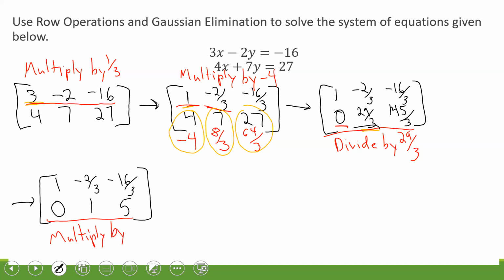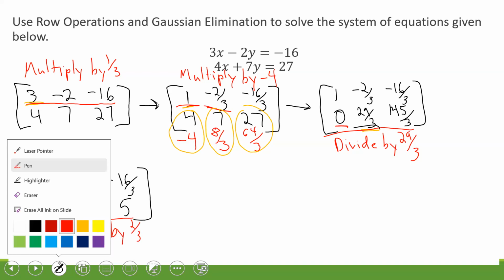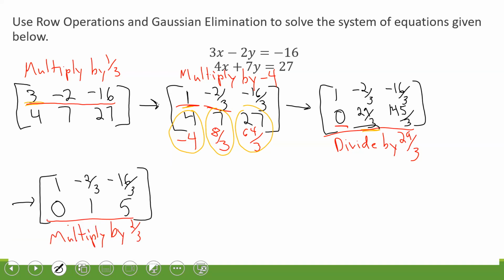And again, just like we did with the first row, we're going to multiply every entry in that second row by the 2/3. So the 0 times the 2/3, that's just a 0. The 1 times the 2/3, that's just 2/3. And then the 5 times the 2/3, you go ahead and plug that into your calculator. When you do, you'll get 10/3.